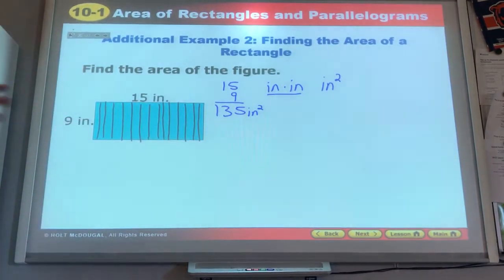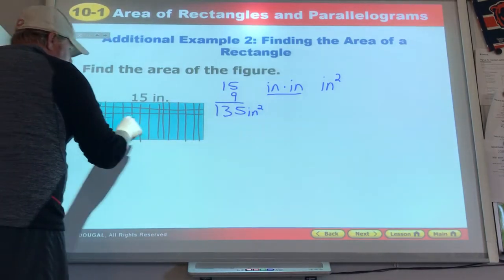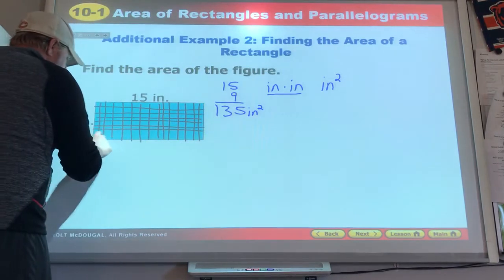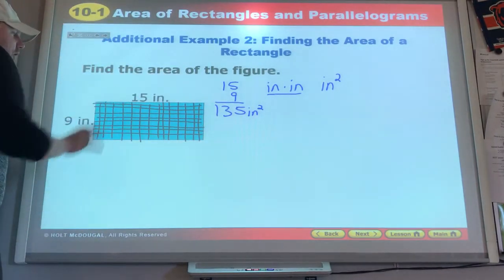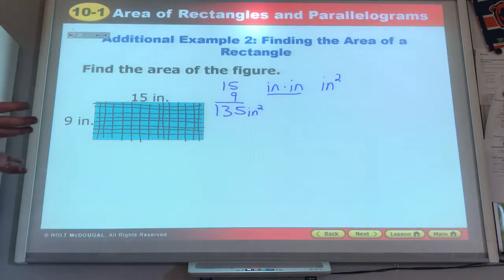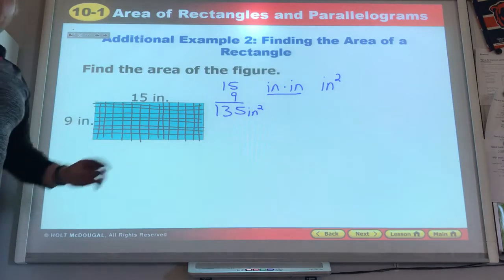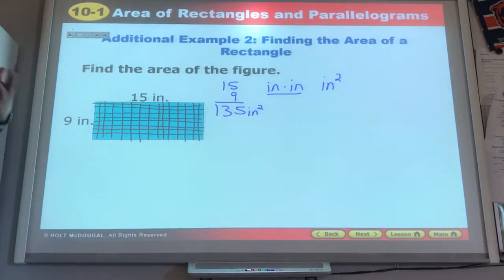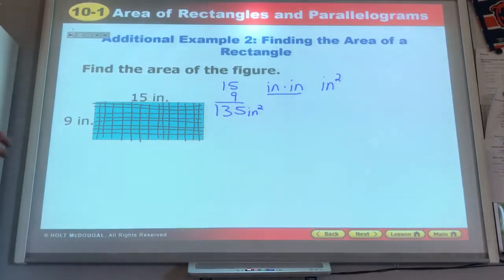Those should be even, and then I'd take this and divide it into 9. If I would count all those squares, and they should be even, I'm freehanding it, there'd be 135 squares in there. 1 inch by 1 inch squares. This is obviously not to scale, but that is literally what we're trying to find out. How many 1 inch by 1 inch squares will fit in this shape?